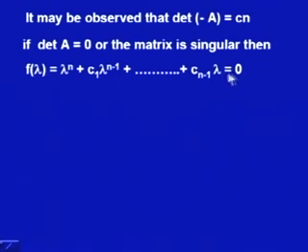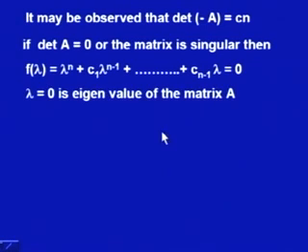The last term will be missing, and this means I can take lambda outside and have lambda multiplied by a polynomial of degree n minus 1, and that simply means that lambda equal to 0 is an eigenvalue of the matrix A.